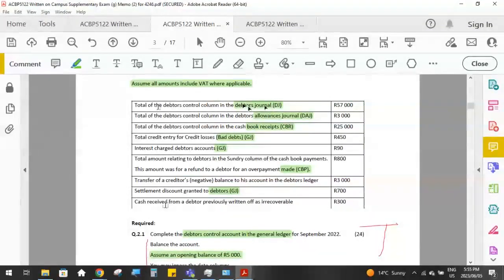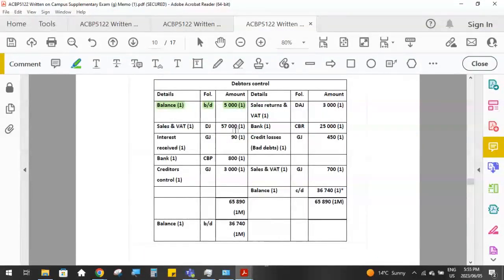So in the debtors journal, we record sales to our clients. If we have a sale to our client, that increases the amount that they owe us. So that will then go on the left-hand side, because that is going to increase the amount of debtors control.